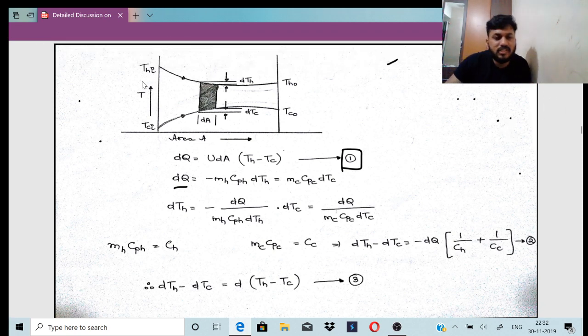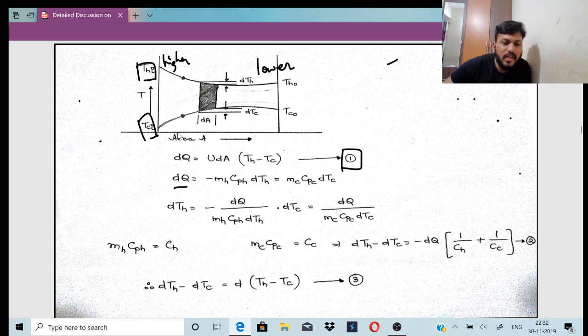Okay, now see here, the inlet of hot fluid is moving from a higher region and reaching a lower region, whereas the inlet of a cold fluid is moving from a lower region to a higher region. So it dropped from 5 to 1, so what will this be? 5 minus 1, right?